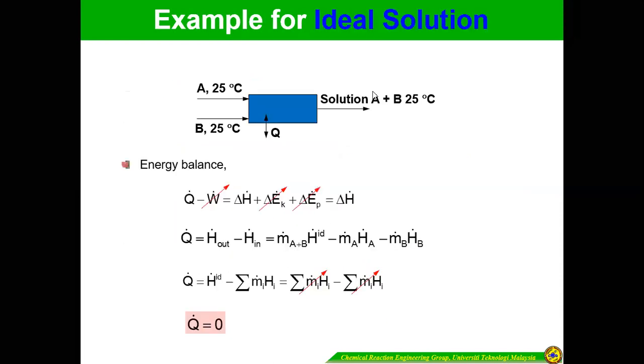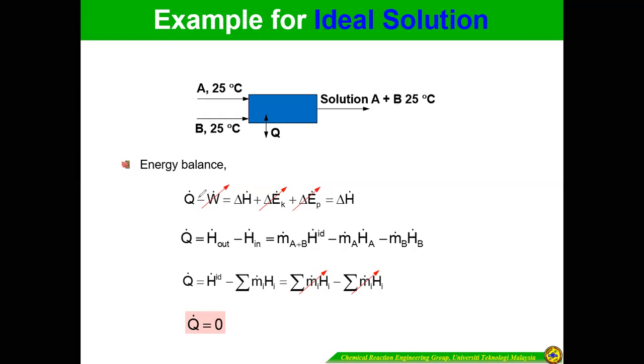Okay, so for example, for the ideal solution, if you look at here for the energy balance, actually Q equals delta H equals 0. Why? Because it's ideal mixing, we don't consider any heat change. Okay, because it's ideal.